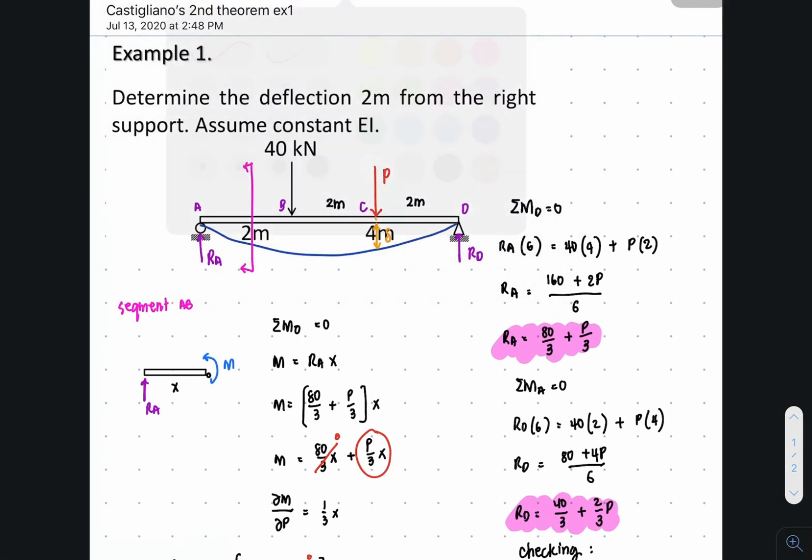In this case, I will be cutting this portion and considering the left section.